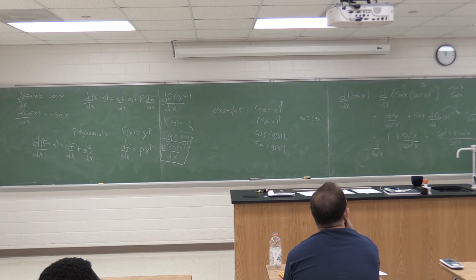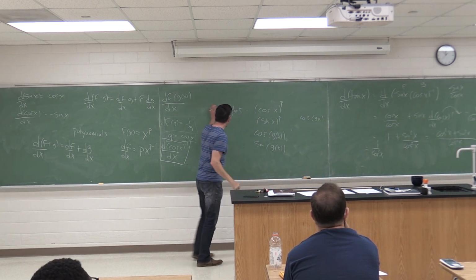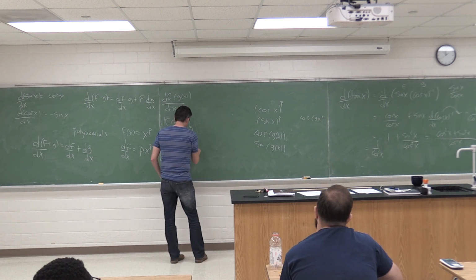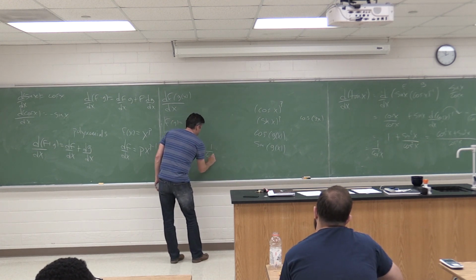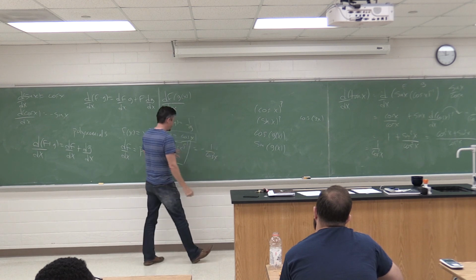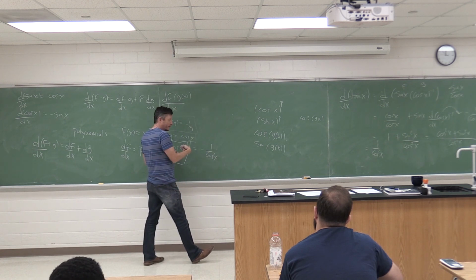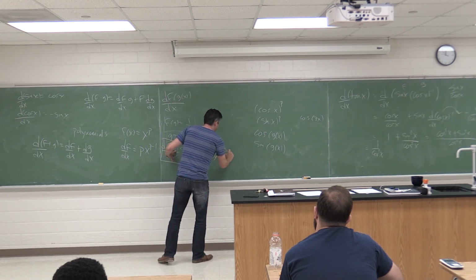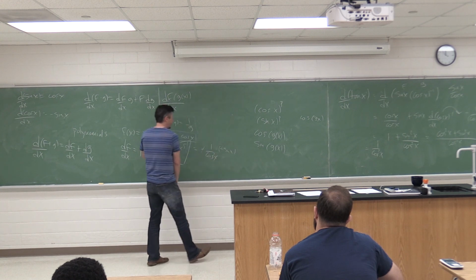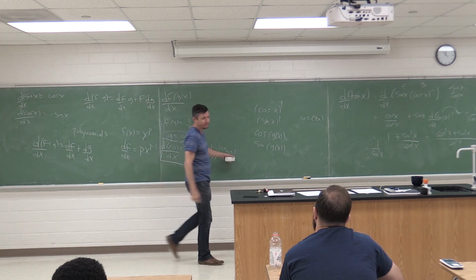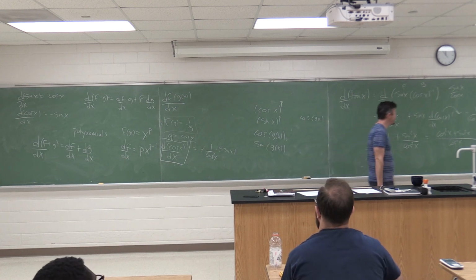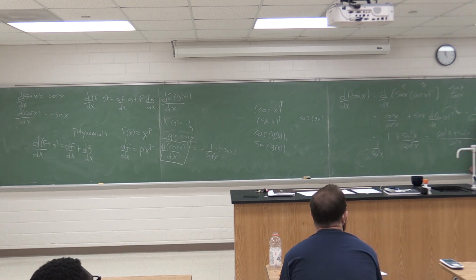So you missed the sign. Because what we got is the derivative of this was minus 1 over cos squared. And we had to multiply by the derivative of cosine itself. Minus. So that cancels. You missed the sign. The sine function. Right.